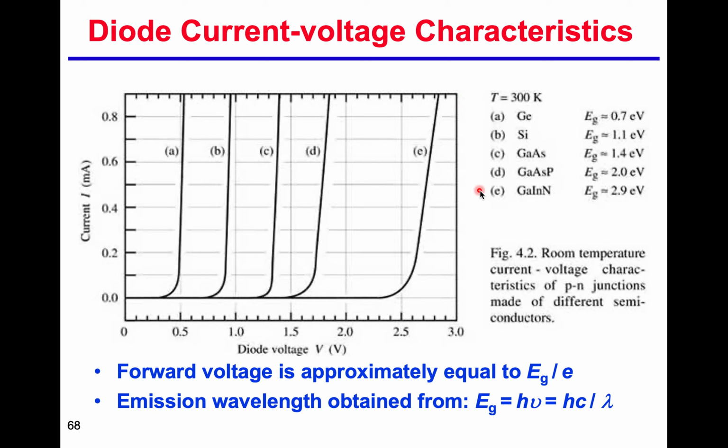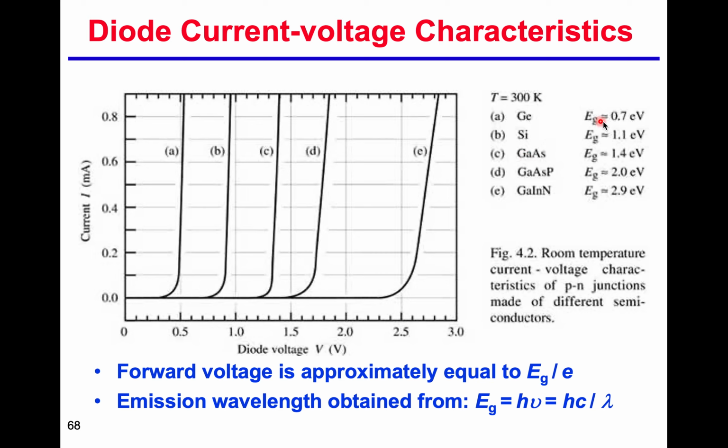So here, for the different materials, that is the JV characteristics for the forward bias with different kinds of PN junction. And for germanium, the band gap is very small, and the turn-on, you can see here, is a very low diode voltage.